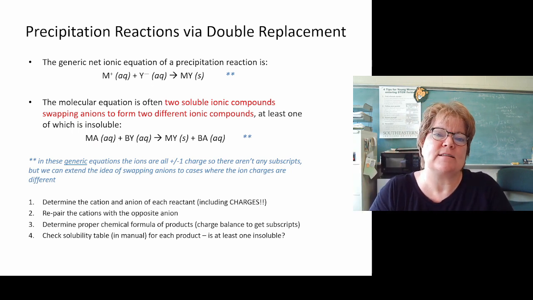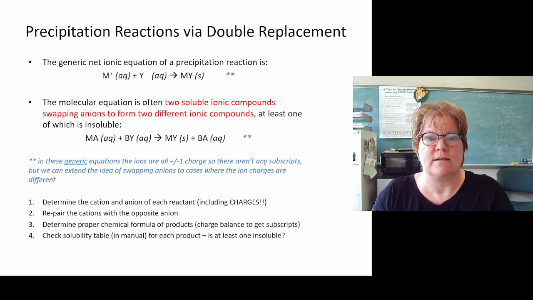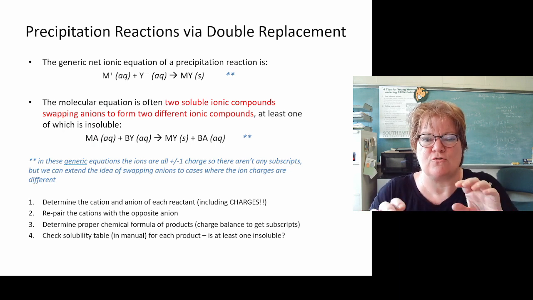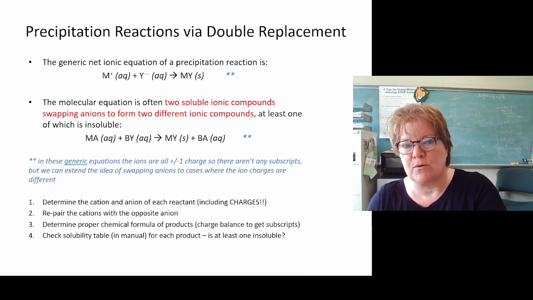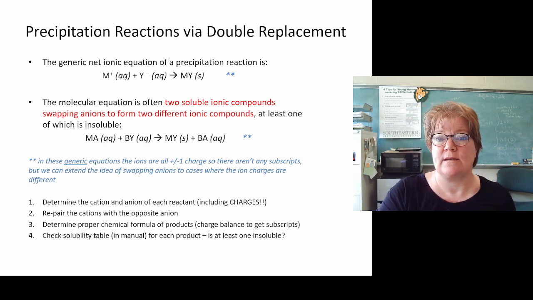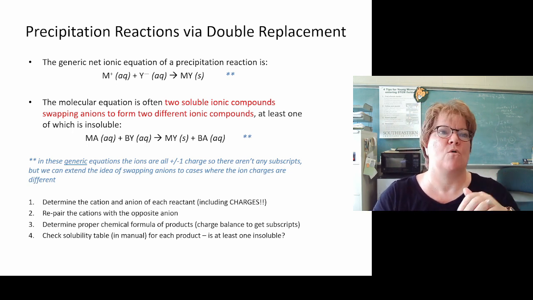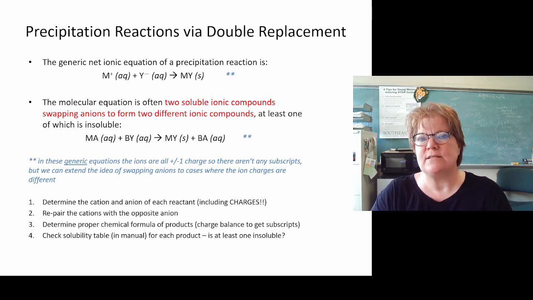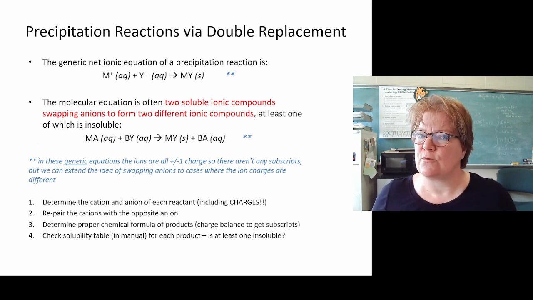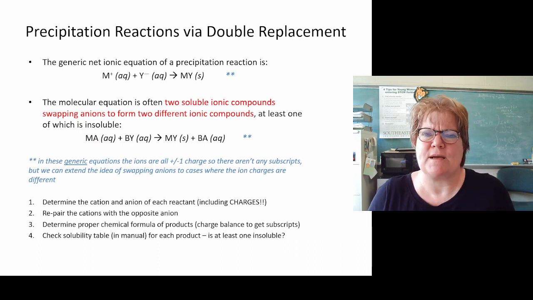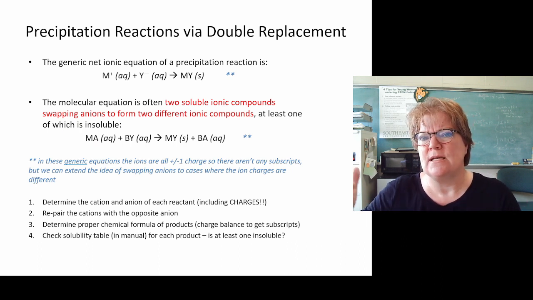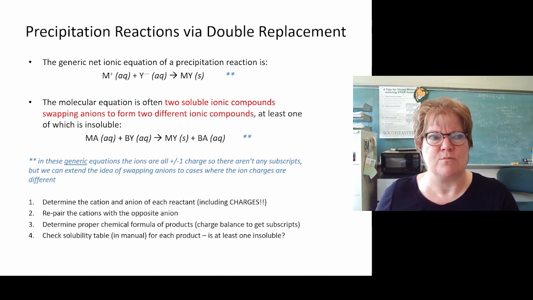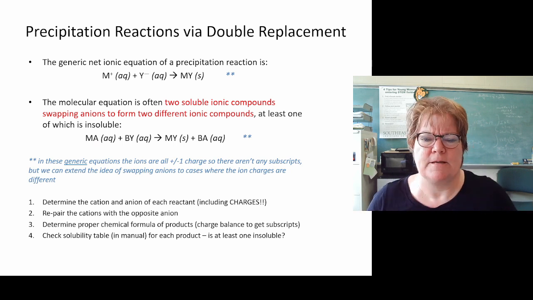So I can have the ions separated in solution. They could be aqueous and dissociated, but the overall solution has to be charge neutral. So copper 2 plus might come as copper chloride, or as copper sulfate, or as copper nitrate. I don't know. So there'll be some other ions in there, but as we remember from our net ionic equations, they're spectator ions. So I'm not showing them in the reaction schemes that I'm going to do, but they're there.